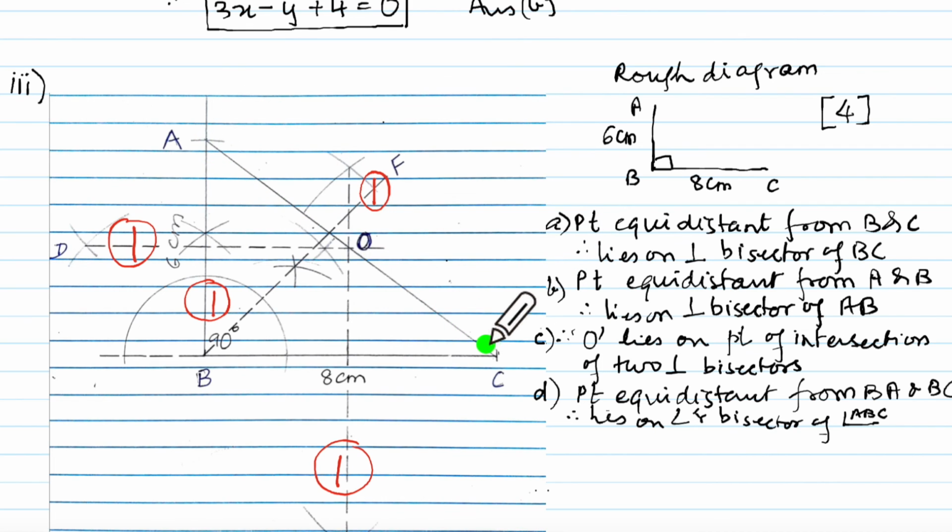If I draw the hypotenuse, this point O must lie on AC. So the examiner is very smart. All he has to do is take the ruler and join AC, just holding the ruler against it. If this point O is not along the same 2 points, then you are wrong. So you know that you will lose marks over there.